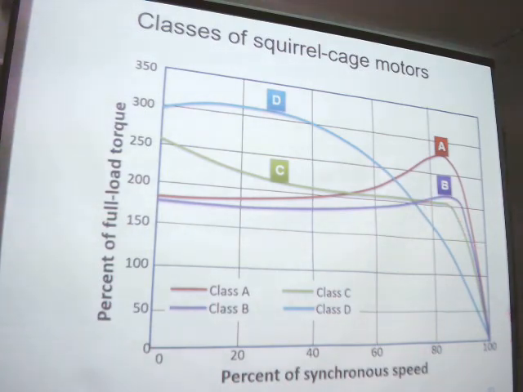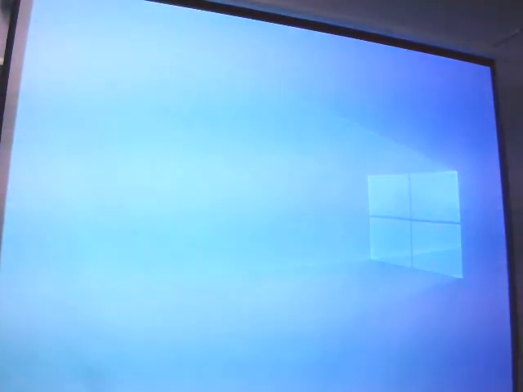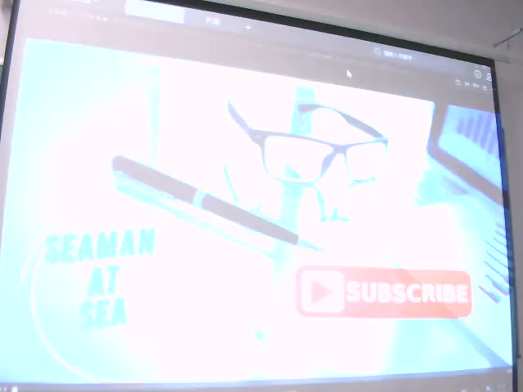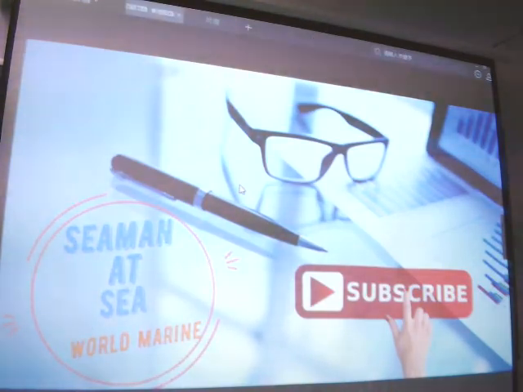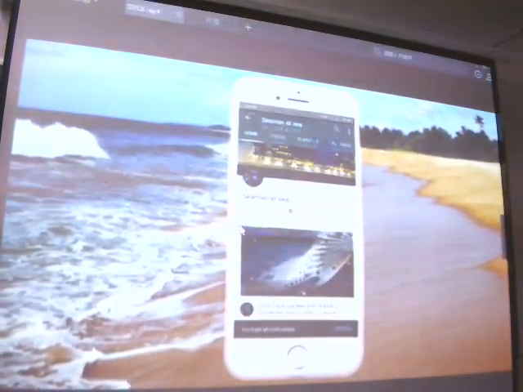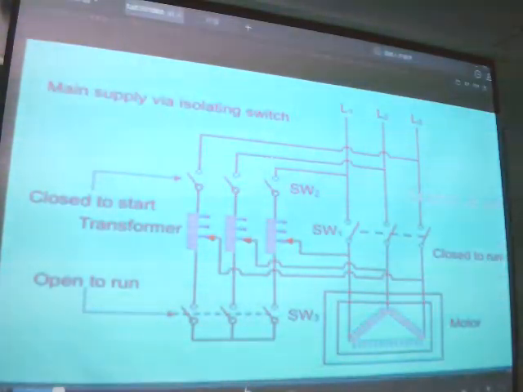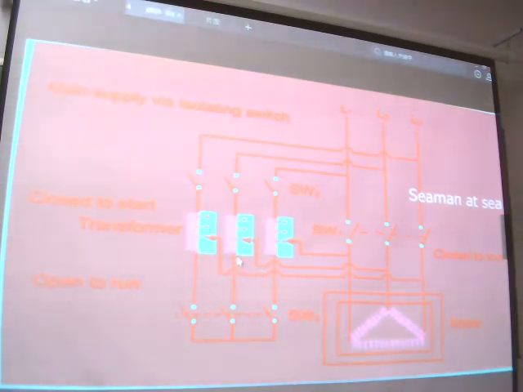Let's see some video about the induction motor starting method. So it's the auto transformer method.